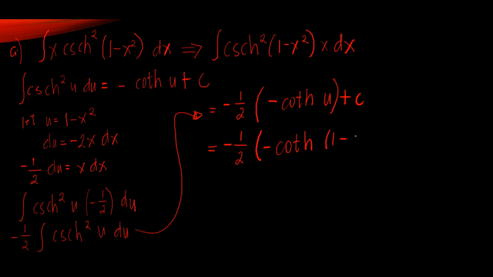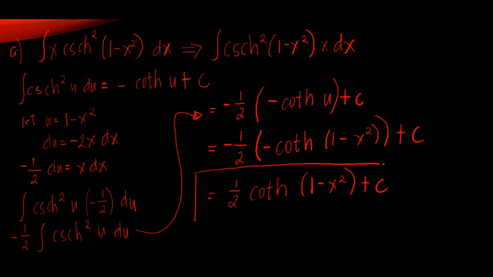So, 1 minus x squared plus c. And then simplifying further, we have negative times negative, that is positive 1 half cotangent hyperbolic of 1 minus x squared plus c. So this is the final answer for example letter A in hyperbolic functions.